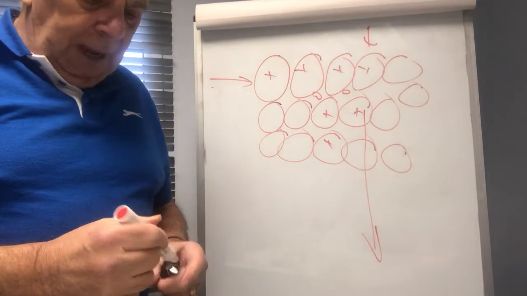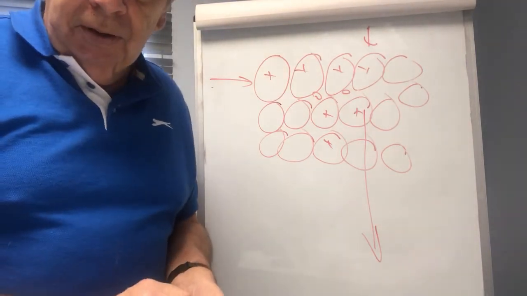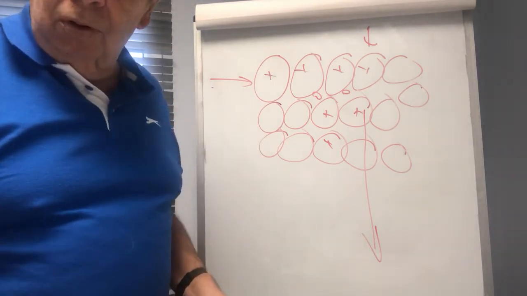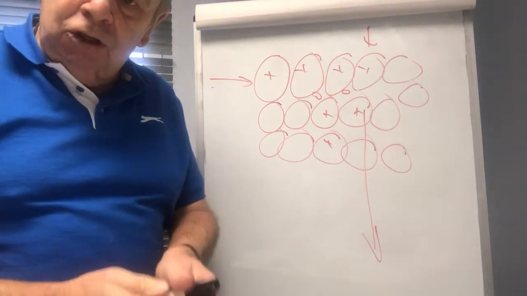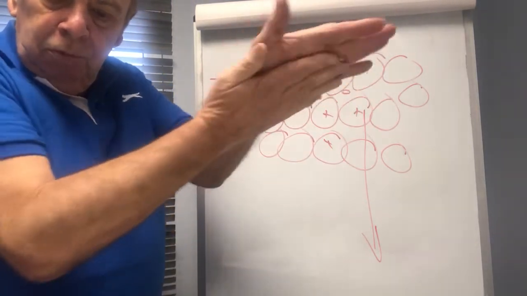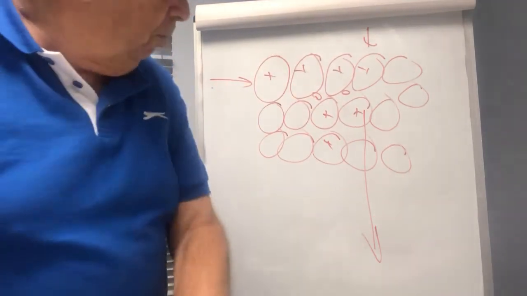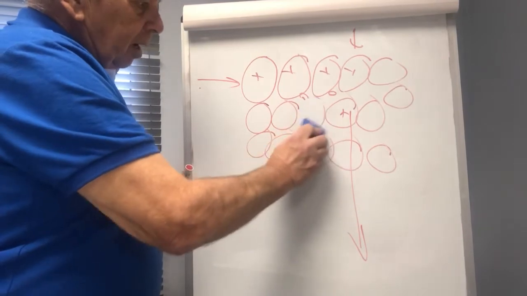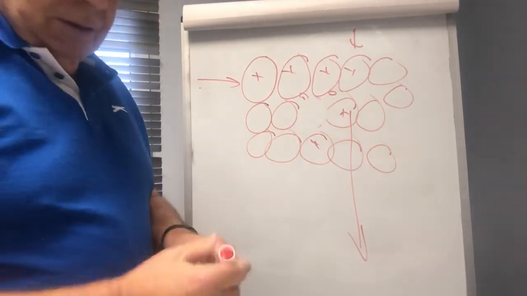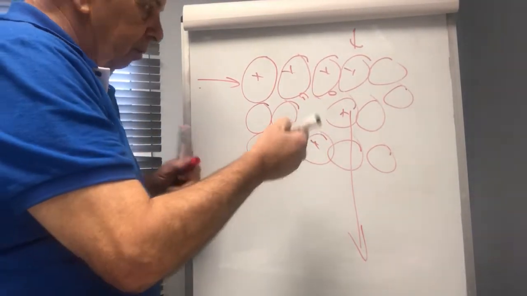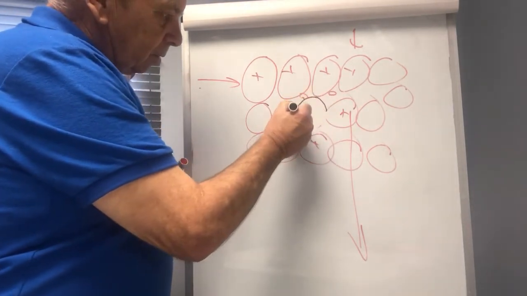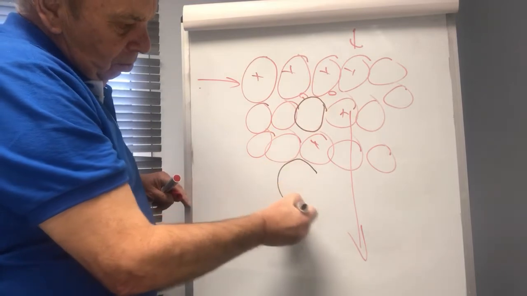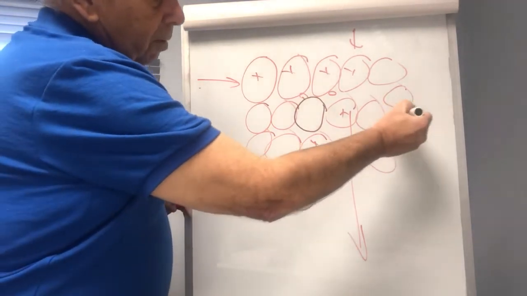However, what happens if I put larger atoms in that and smaller ones in there? It disrupts the movement. Suppose I took that one out and put a larger one in there like that, and then I put another atom in there.